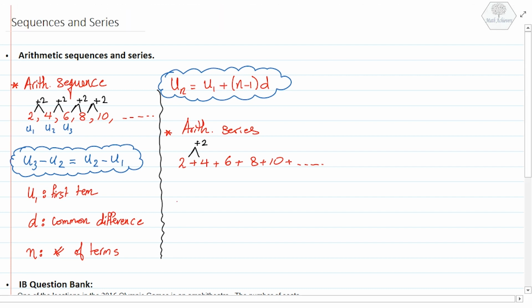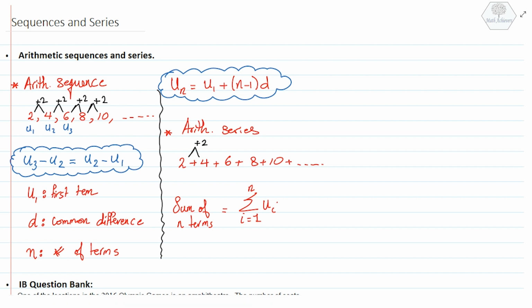So the sum of n terms can be written as the sum of ui from i equal to 1 to n, which is the number of terms.